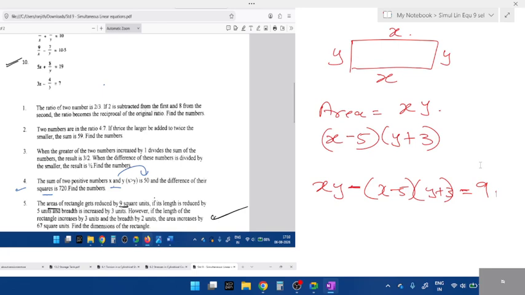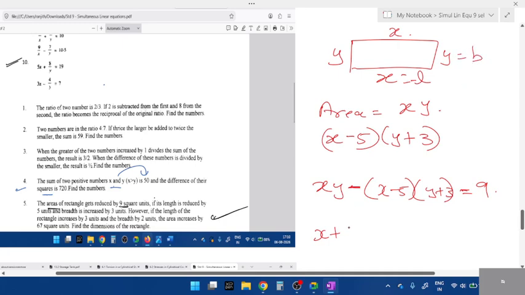Okay, look at the second equation. If the length of the rectangle is increased by 3, length is x here. Look, x is length, y is breadth.